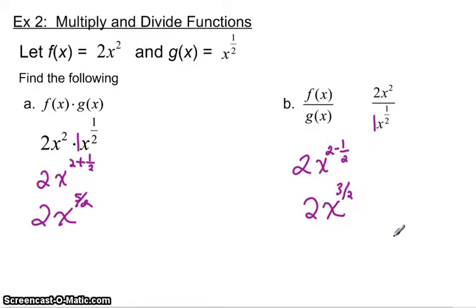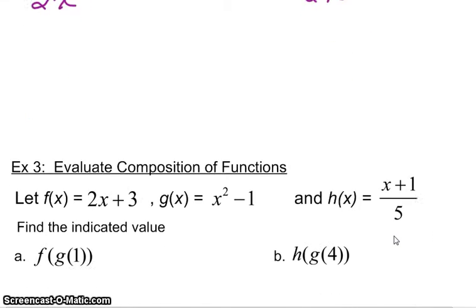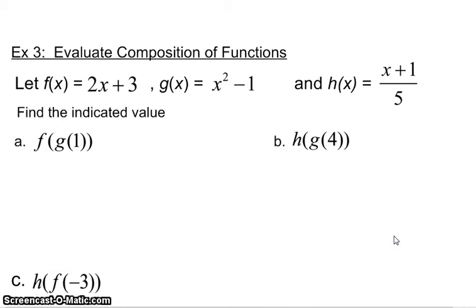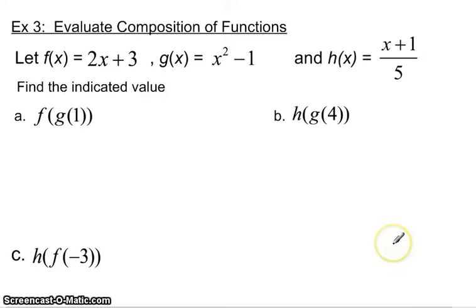Let's look at example 3. Example 3 talks about evaluating composition of functions. Given these three different functions, f of x, g of x, and h of x, I'm going to find the indicated value.